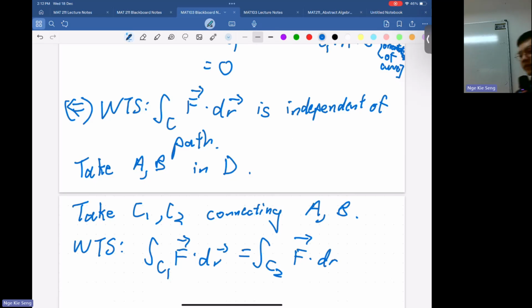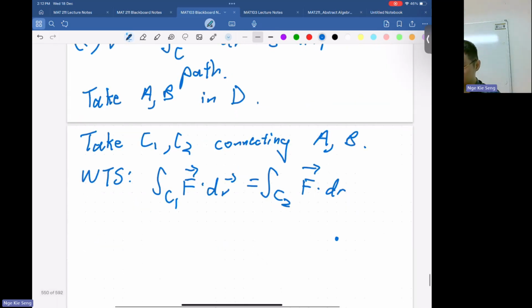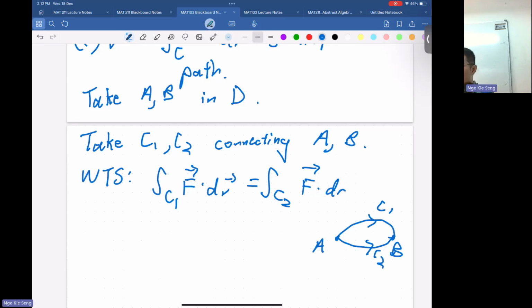But in this case here, you have A and B, and then you have two paths, C1 and C2, connecting A to B, to be precise, we have orientation. Can you find a closed curve here? 找得到吗？ Can you find a closed curve out from these two paths here?